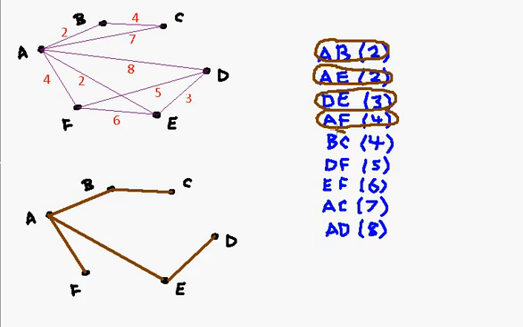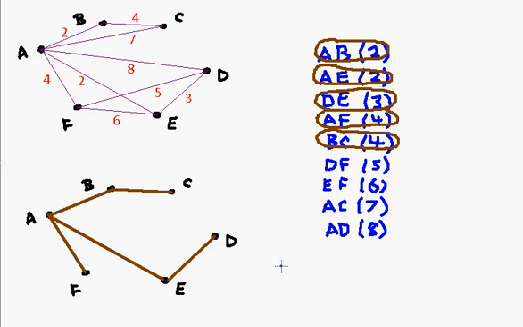And that is it. Okay, so I know I can now stop because all of the vertices are connected by a tree, a minimum spanning tree in this case. Okay, so the last thing you need to do once you've done that is add up your totals of the edges.